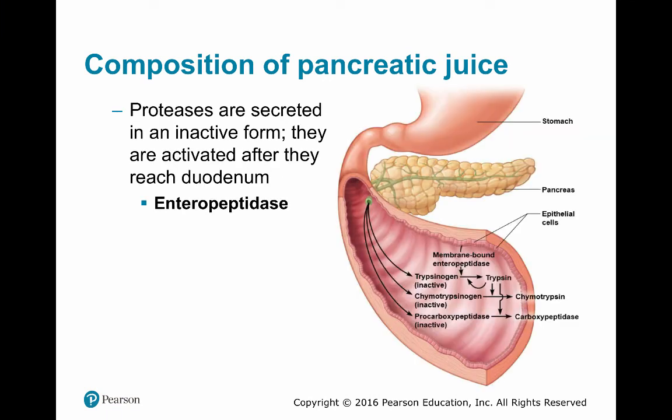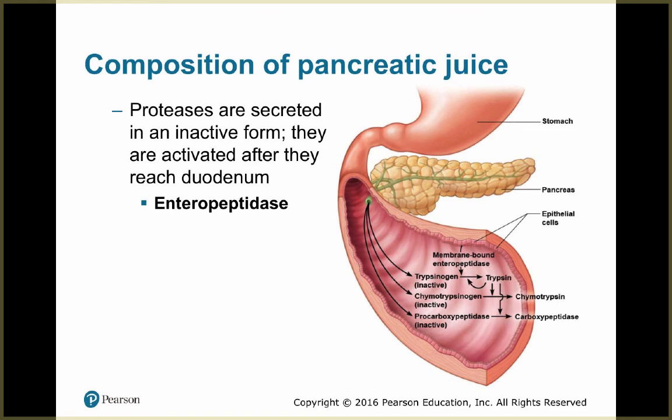And so the pancreatic juices, the proteases are secreted in an inactive form. They are activated after they reach the duodenum. And basically they're activated by this enteropeptidase, right?